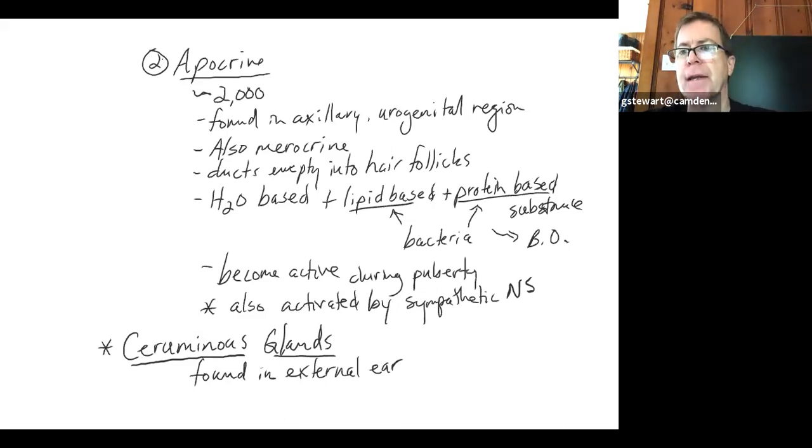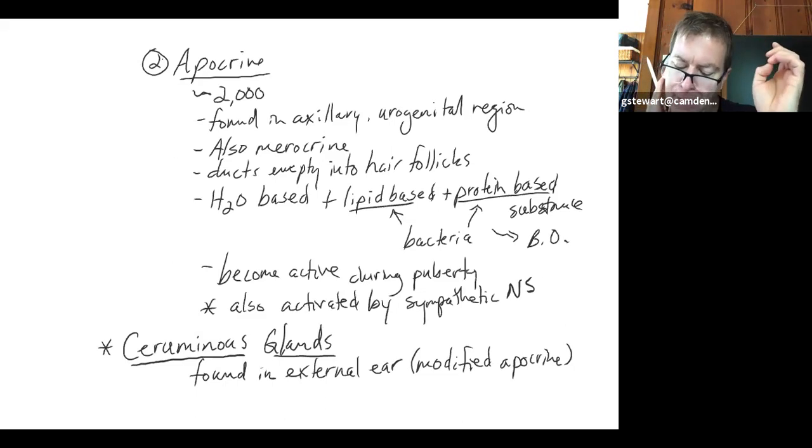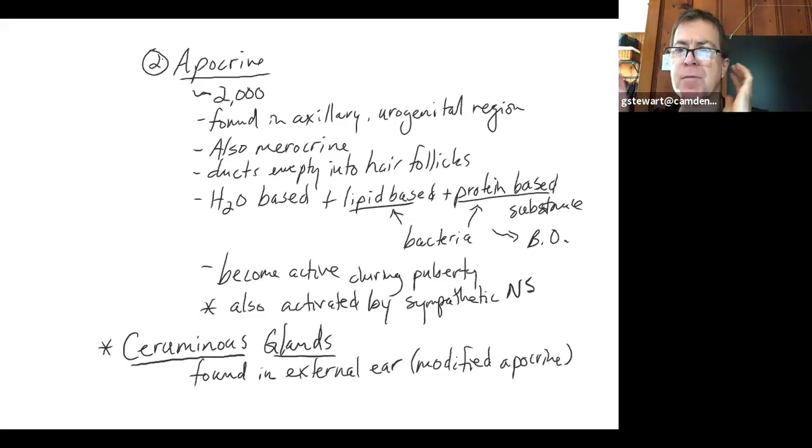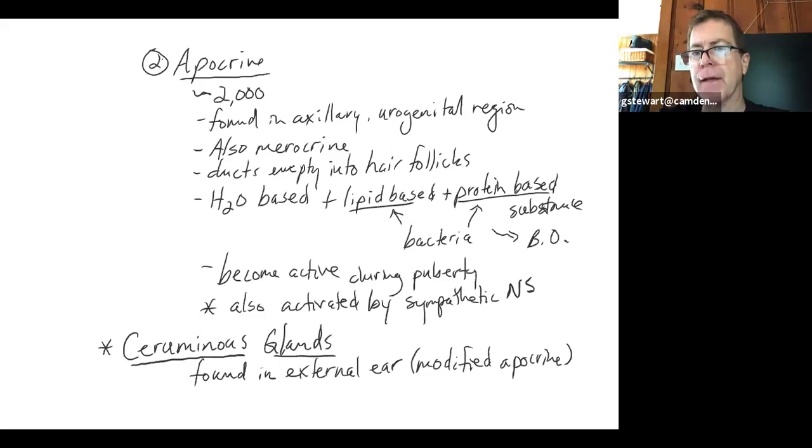Basically, they're modified apocrine glands. And in this area of the body, in the external ear, the secretion that comes out of these apocrine glands mixes with sebum from sebaceous glands to form cerumen, which we call earwax.